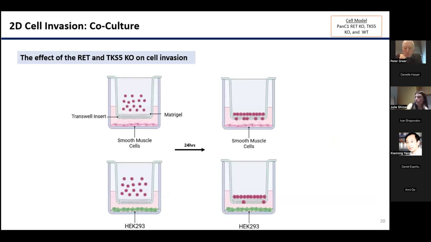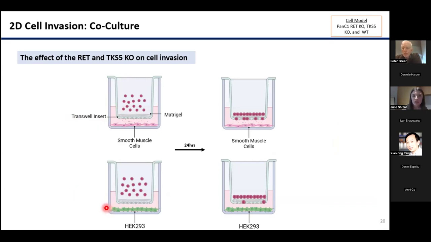Finally, in terms of cellular assays, I wanted to look at the effects of RET and TKS5 knockout on cell invasion. To do this, I used a transwell invasion assay, where on the top we plated the PDAC cells, specifically the PANC1 cells, and on the bottom we had either arterial smooth muscle cells or an HEK control.